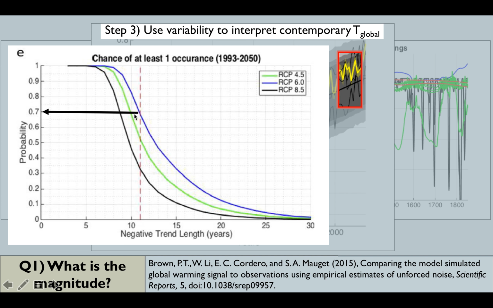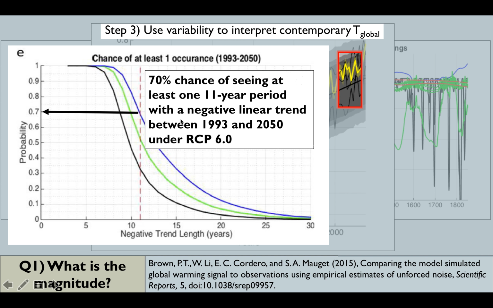So if we look at RCP 6.0, which is a middle-of-the-road radiative forcing increase through 2050, we see that there is a 70% chance of seeing at least one 11-year period with a negative linear trend over that time period from 1993 to 2050. So meaning that the so-called hiatus is not something that we should be surprised to see, and that's something that more or less we expect to come about just due to unforced variability alone.